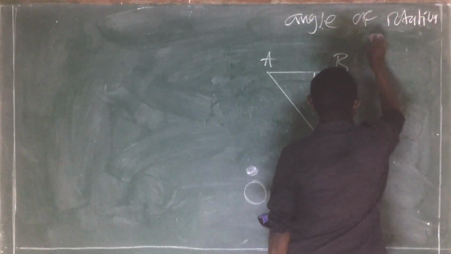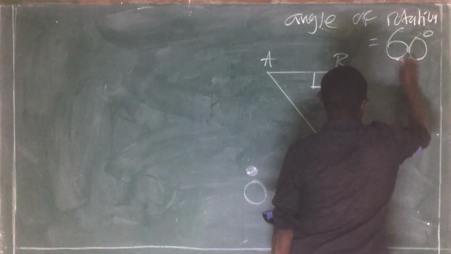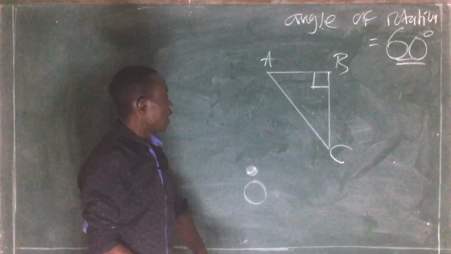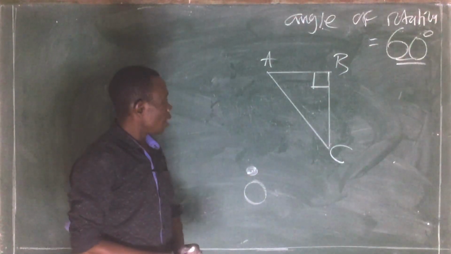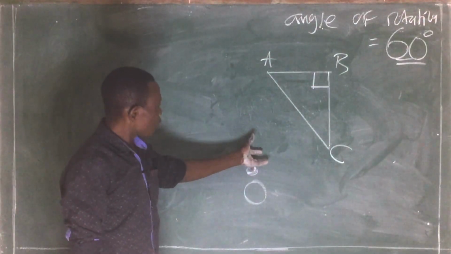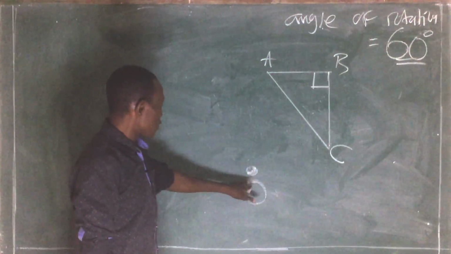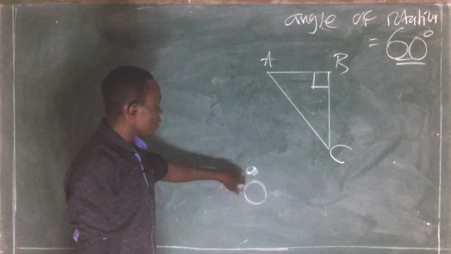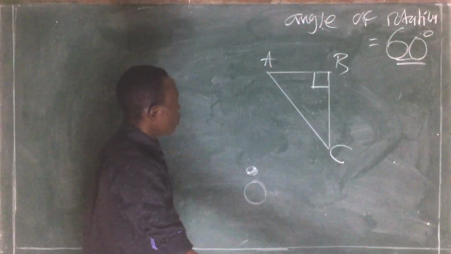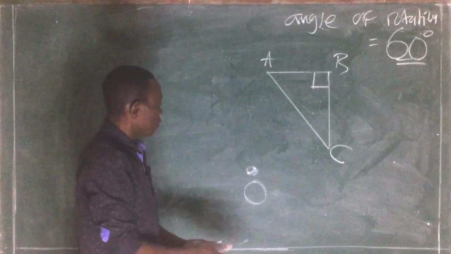How do we rotate an object through an angle of 60 degrees at point O? Here our O is the center of rotation, and the angle is 60 degrees. What would the image be like, and at what position would it be?